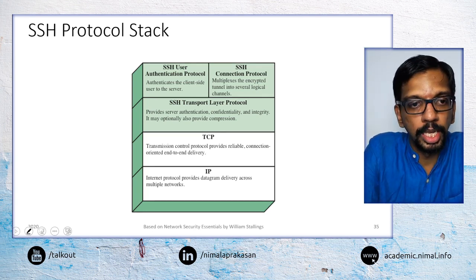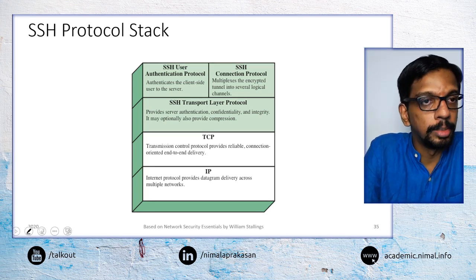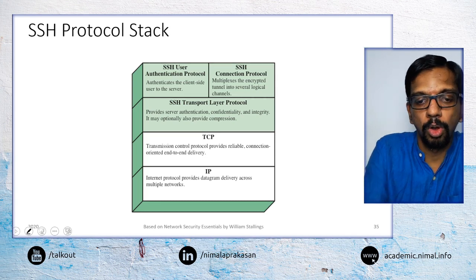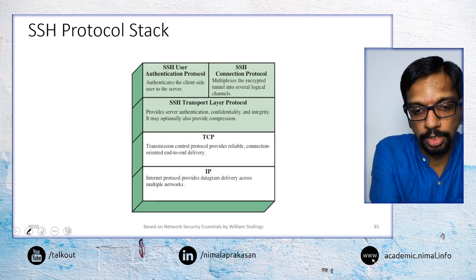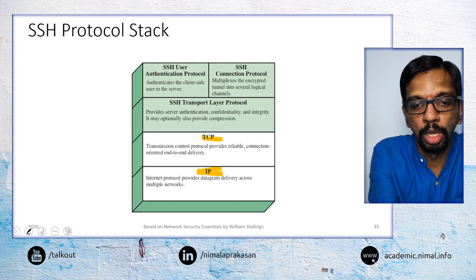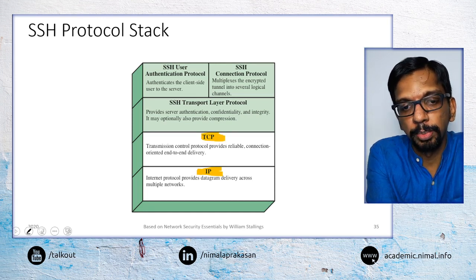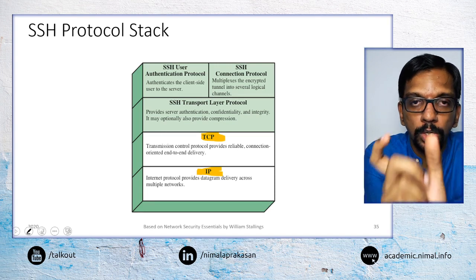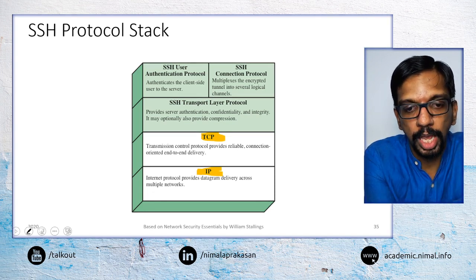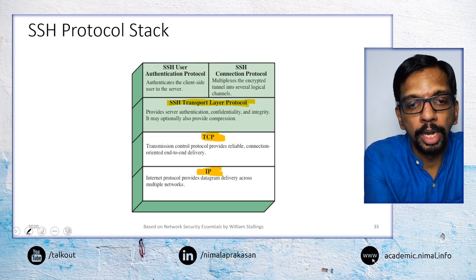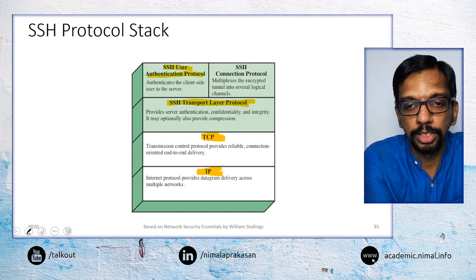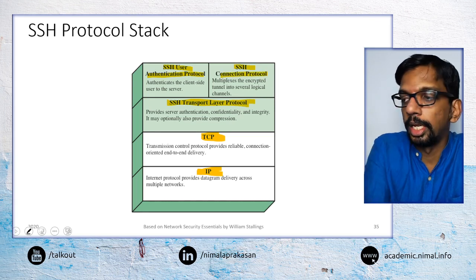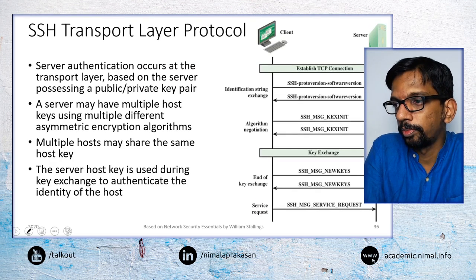When we consider the SSH protocol, it is similar to the TLS protocol, but it runs on top of an IP network, on top of the TCP protocol. It has three protocols as part of the SSH protocol stack: the SSH transport layer protocol, the SSH user authentication protocol, and the SSH connection protocol.